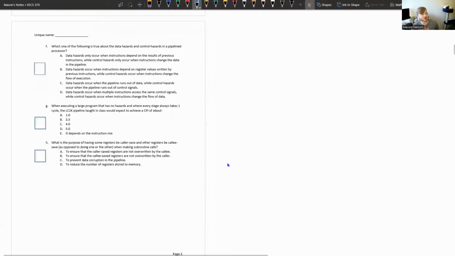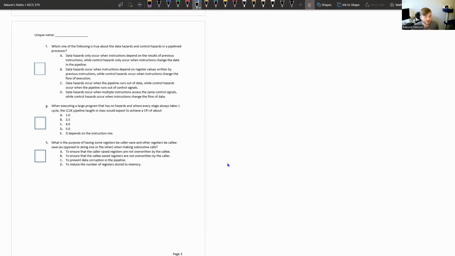Moving on to question F, which of the following is true about the data hazards and control hazards in a pipeline processor? A, data hazards only occur when instructions depend on the results of previous instructions, while control hazards only occur when instructions change the data in the pipeline. B, data hazards occur when instructions depend on register values written by previous instructions, while control hazards occur when instructions change the flow of execution.